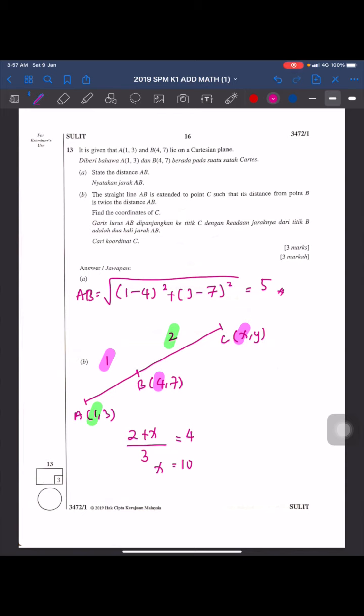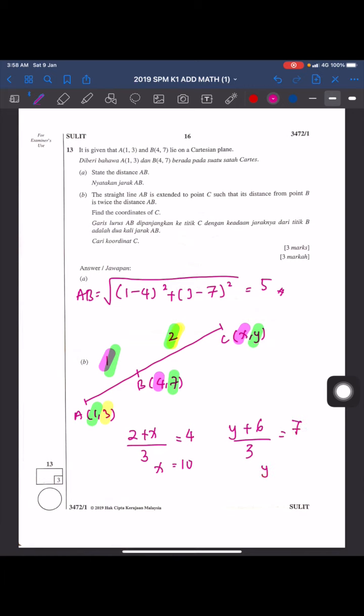Next kita buat untuk B pula. Untuk B, 3 darab dengan yang sini. Lepas tu Y darab dengan yang sini seberang sana. Samakan dengan Y dia. So kita akan dapat, Y times 1 is Y plus 3 times 2 is 6 over 1 plus 2, 3 is equals to coordinate Y dia equals to 7.